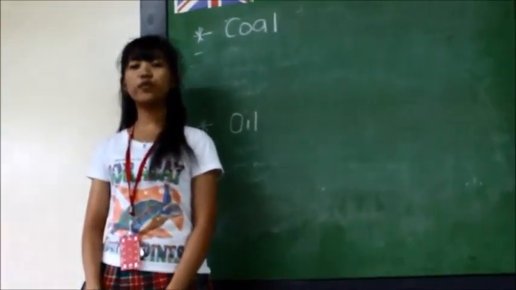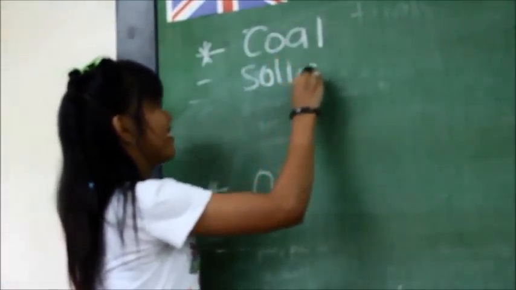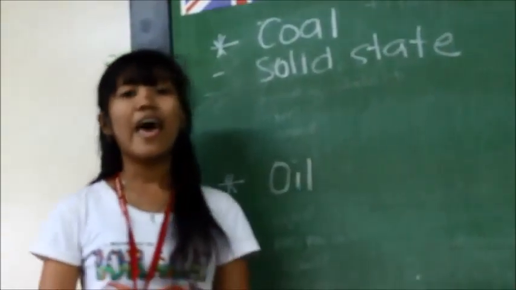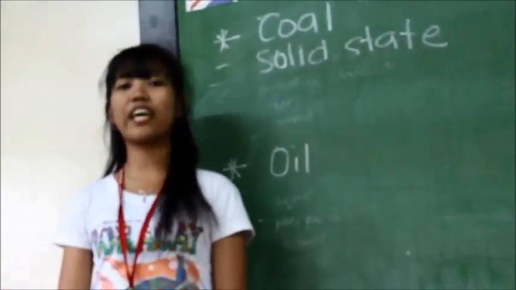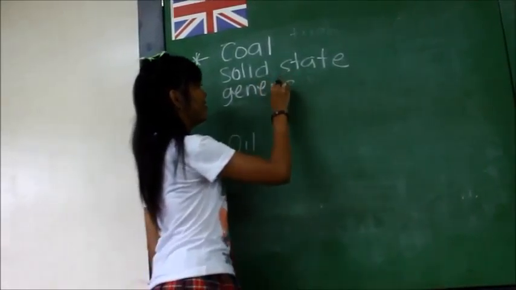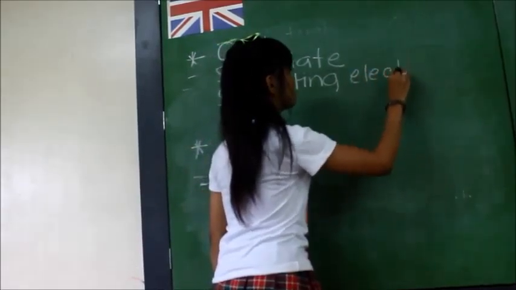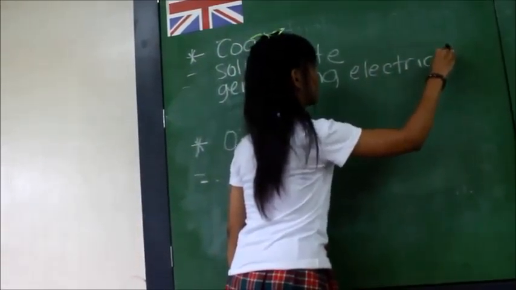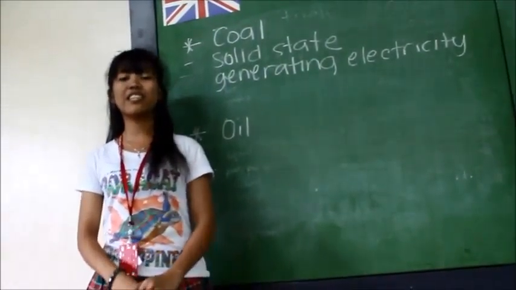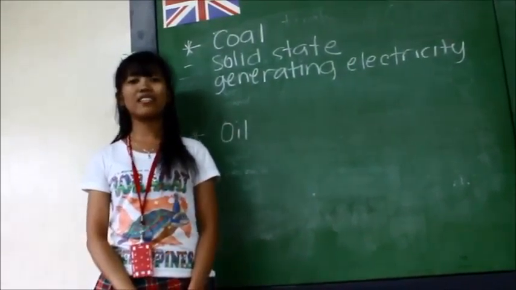Coal is the fossil fuel that is solid in state, and it is mainly used for generating electricity. And some use it in an industrial form, like for making steel and cement.